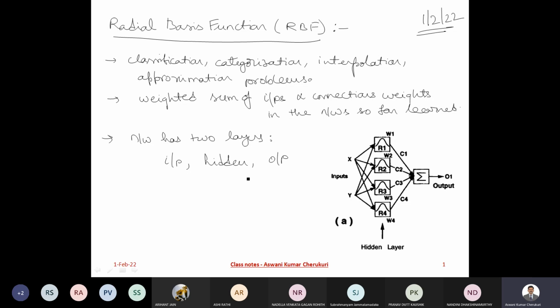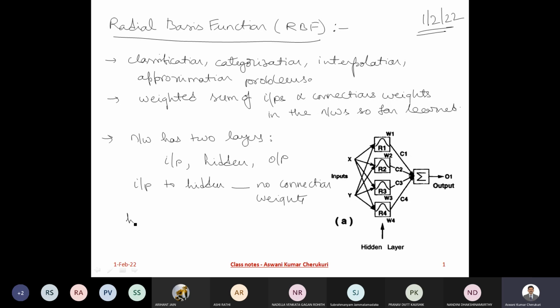Now the point is, from input to hidden, there are no connection weights. This is one of the interesting dimensions of this network.